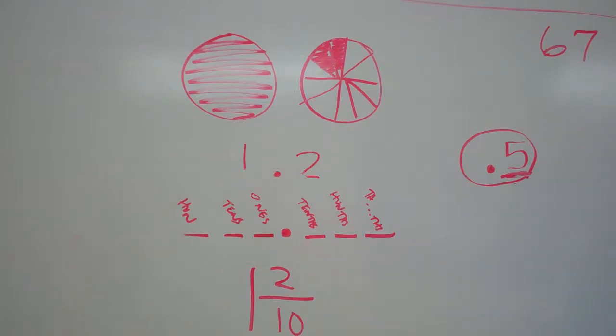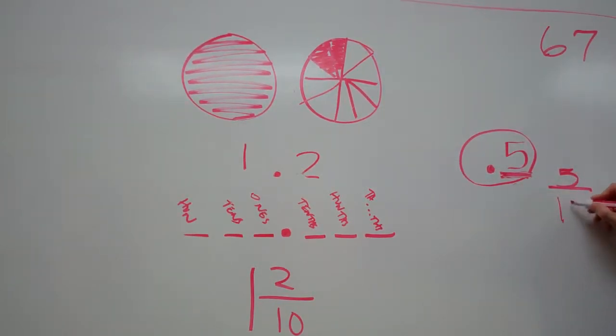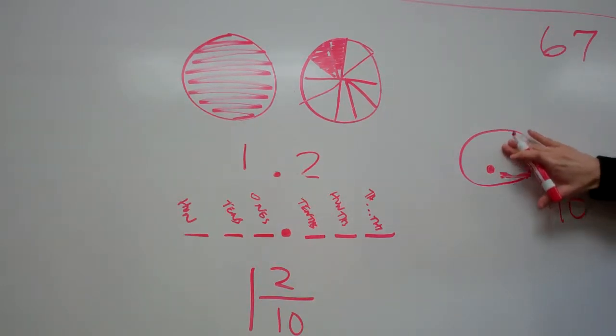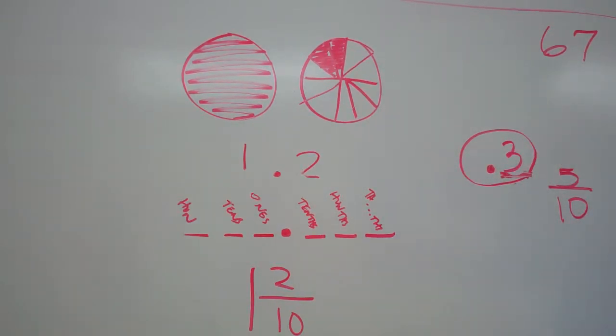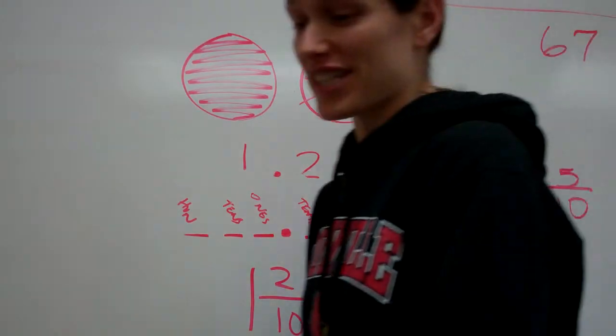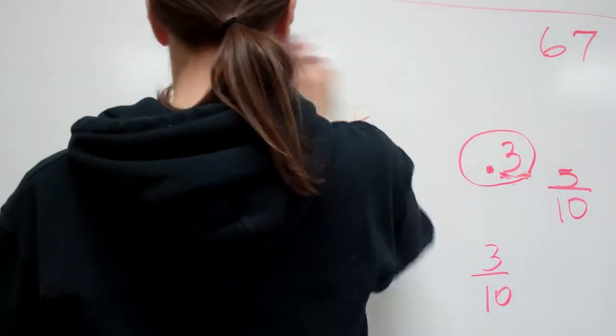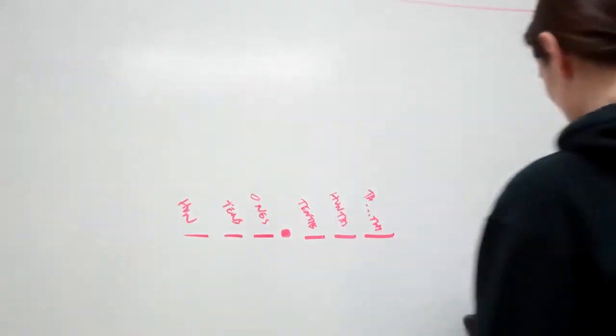So it's 5 over 10. Because it's in the tenths spot, we're going to say 5 over 10. Isn't that cool? And if this was a 3 here, guess what it would be? 3 over 10. Okay, now let me erase this for a minute and let's practice a little bit more.